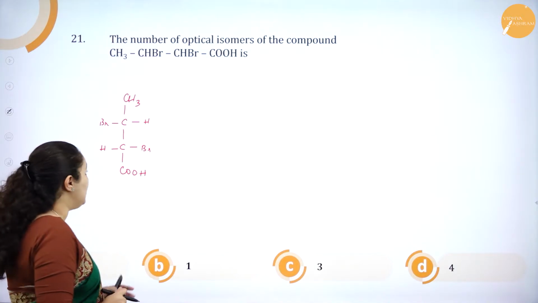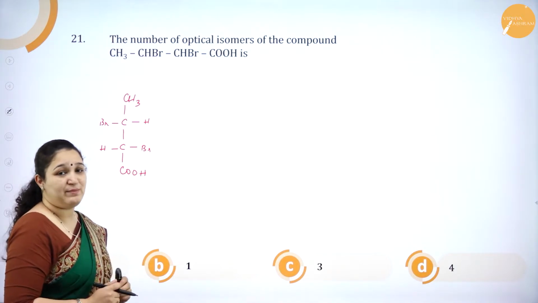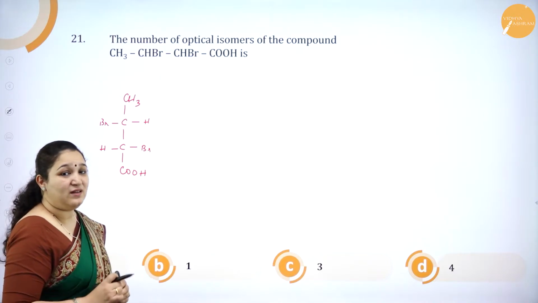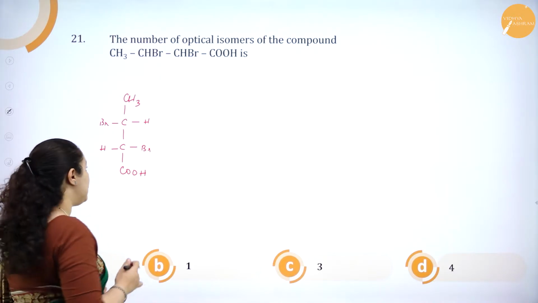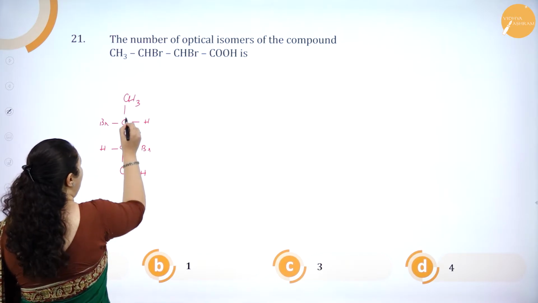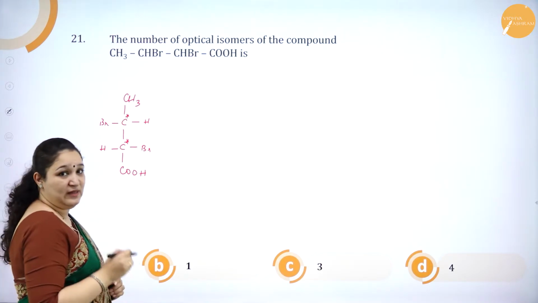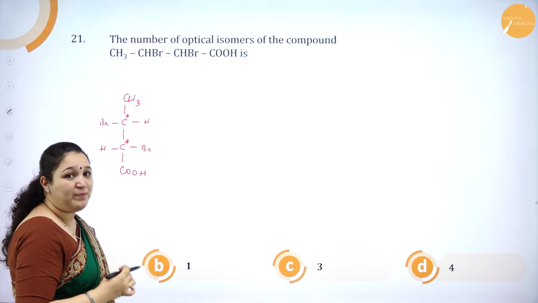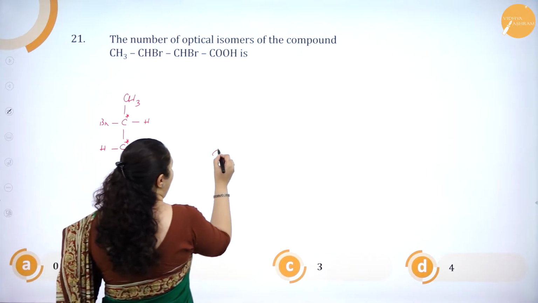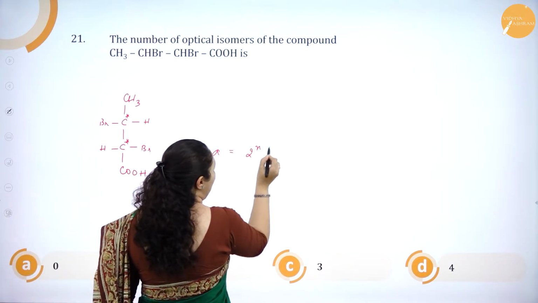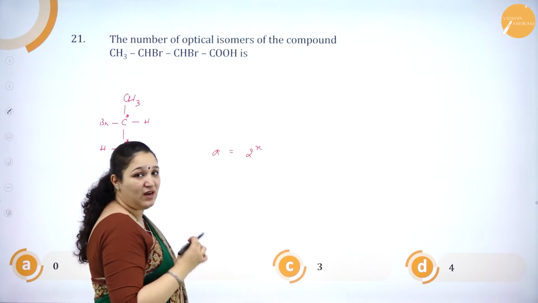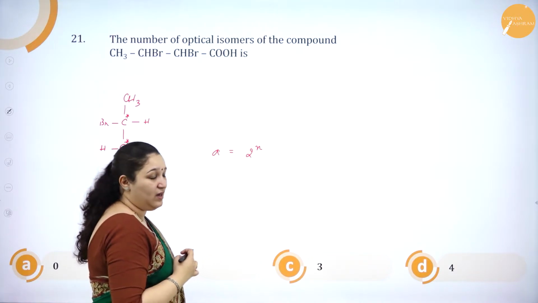If you observe this, there is no plane of symmetry. And how many chiral or asymmetric carbon atoms are there? We have 1 and 2. Thus, the number of optical isomers is 2 to the power n, where n is the number of asymmetric carbon atoms.